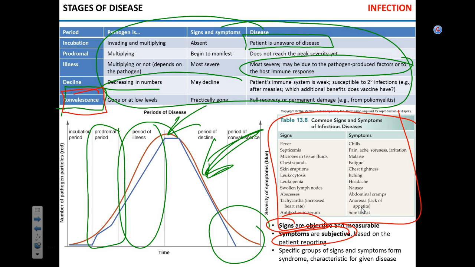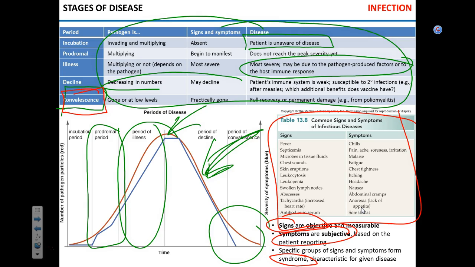When you put signs and symptoms together, it is called a syndrome. So syndrome, let's make a distinction. When we say acute respiratory syndrome, remember the disease that was quite a splash about 7 years ago.